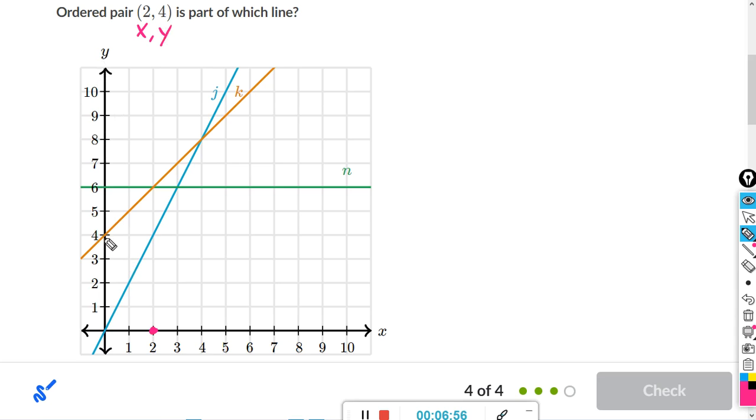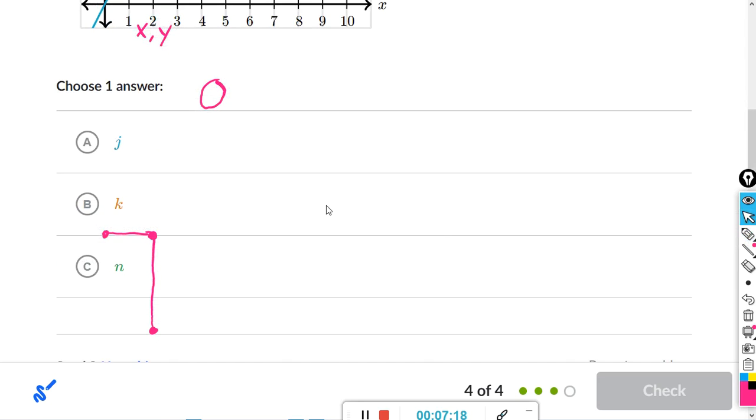This is the y-axis. Here's y equals 4. Let's see where they meet. And they meet on the blue line. Okay, the name of the blue line is line J. So whichever answer has J, that's answer A.